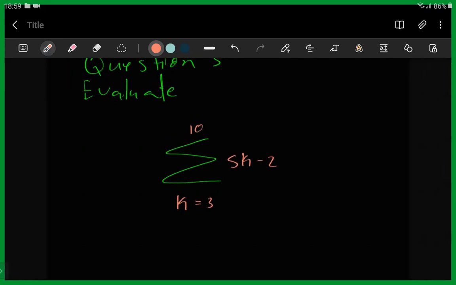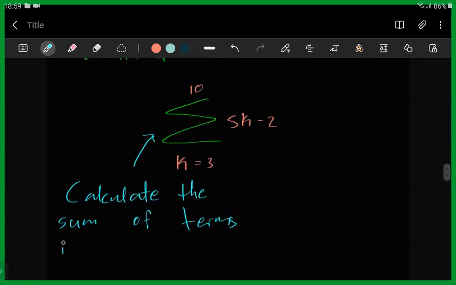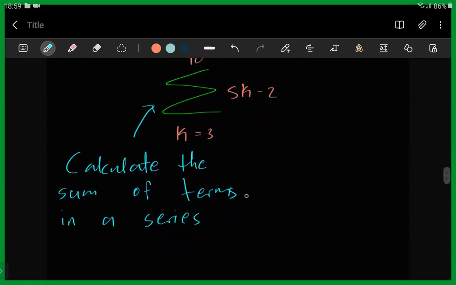So here in translation, what they're saying is you need to work out the sum. This is saying calculate the sum of terms in a series generated by this formula.